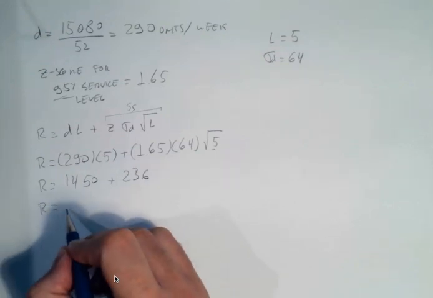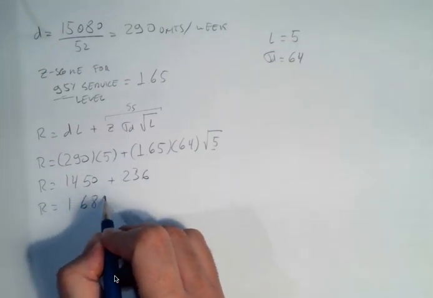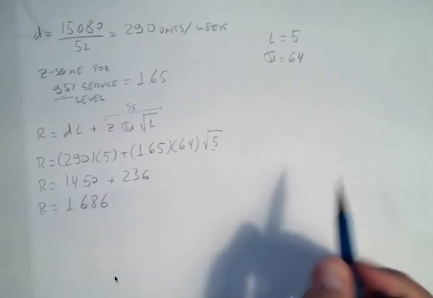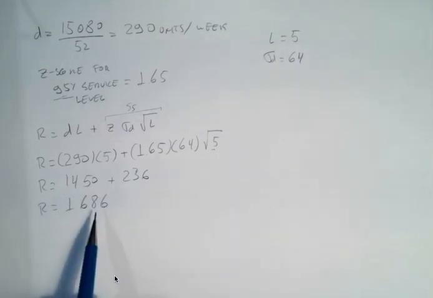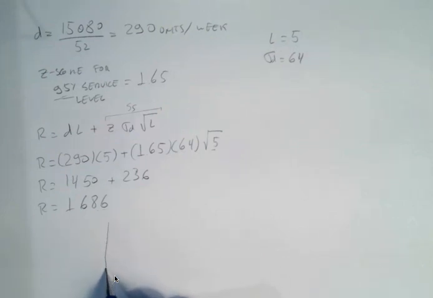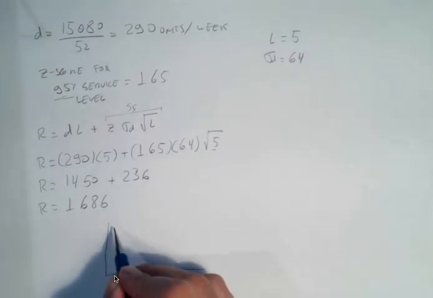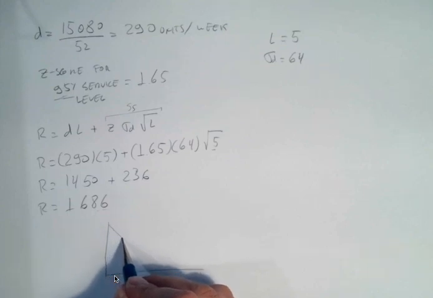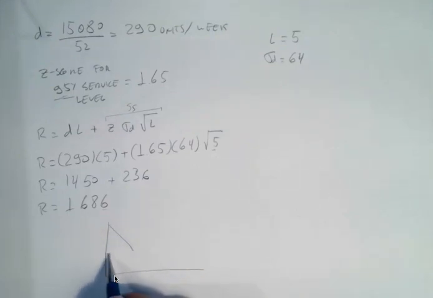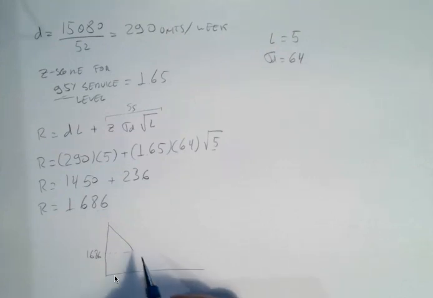So R is 1,686. Right? So we know that whenever the inventory gets to this number, when I'm using that chart, the sawtooth one that you're going down, down, down, down, when it gets to 1,686, then is when you place the order.